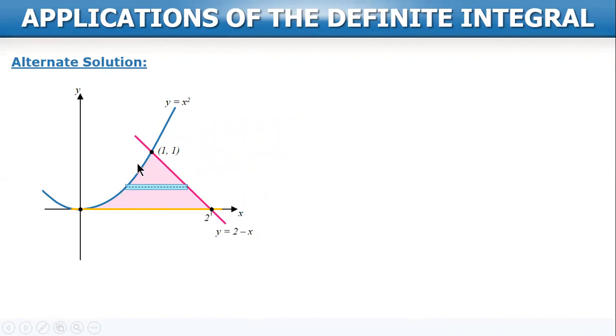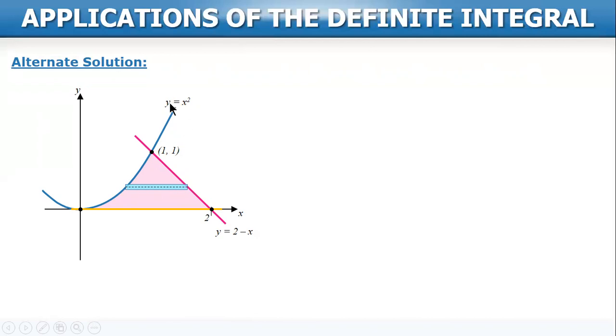Notice that for a horizontal rectangle, let's compare. For a vertical rectangle, the fundamental theorem of calculus gives the integral of f of x minus g of x. Now for a horizontal rectangle, it changes to f of y minus g of y.